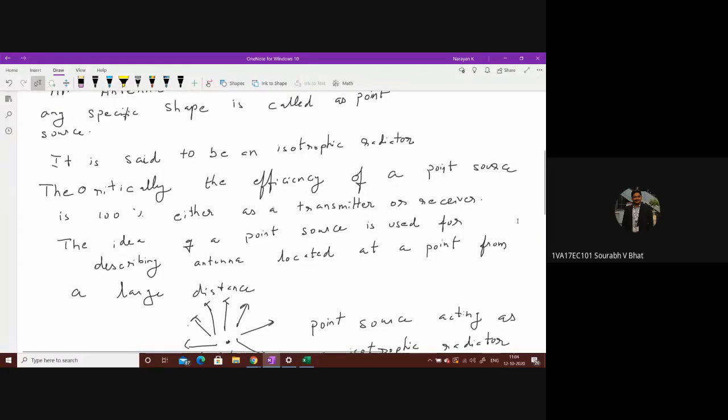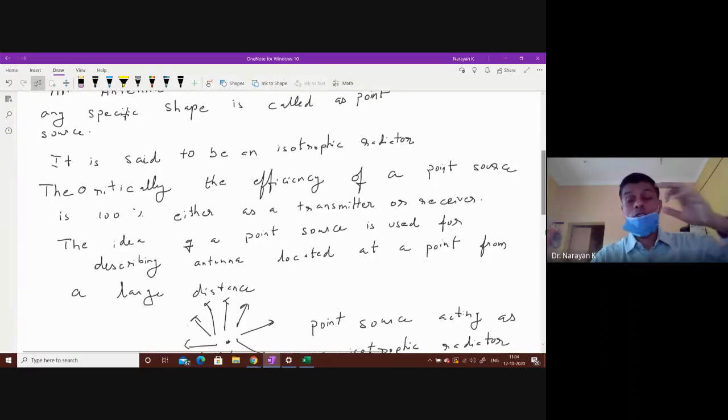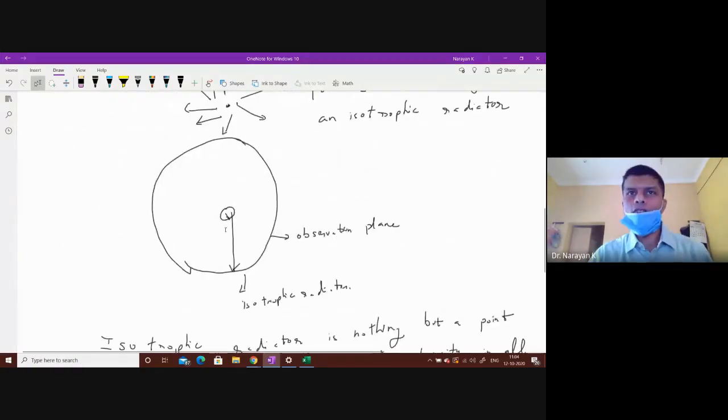It resembles a point. So if you see, this is your actual radius r, and this whole region is nothing but the far field region. In the far field region, your observation plane is very far. You got my point?